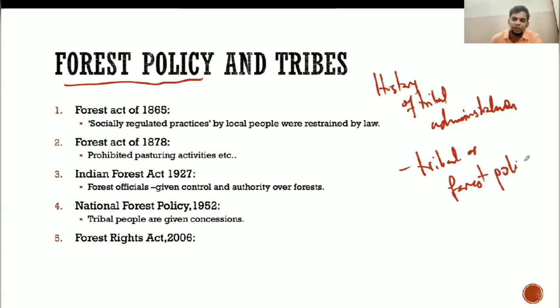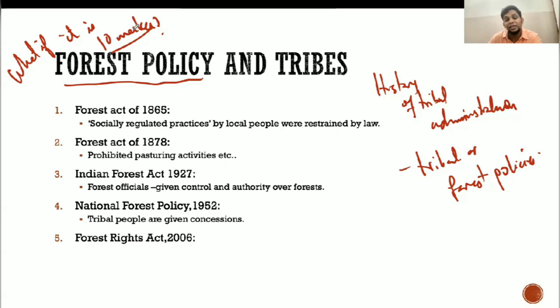Focus on the major forest policies. What if it is a 10 marker? The reason I mention this is that it is a much easier way to write. This question could be easily handled in a 15 marker, or possibly better in a 20 marker. But if it's a 10 marker alone, mention these as the most important.